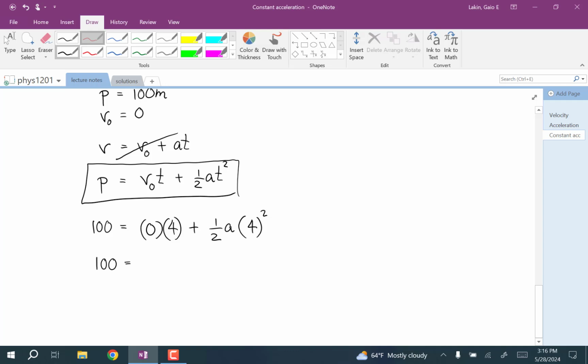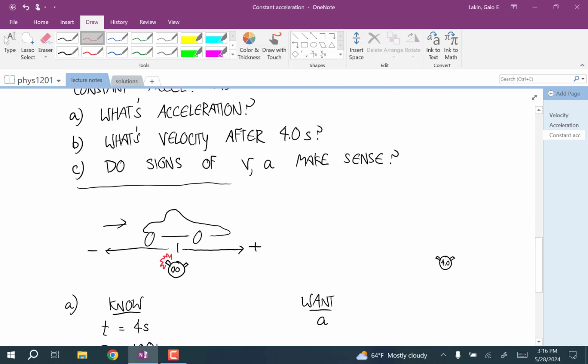So 100 is equal to 8A. And so A is equal to 100 divided by 8, which is 12.5 meters per second squared. So that's the acceleration. That was the first thing that we were trying to find.